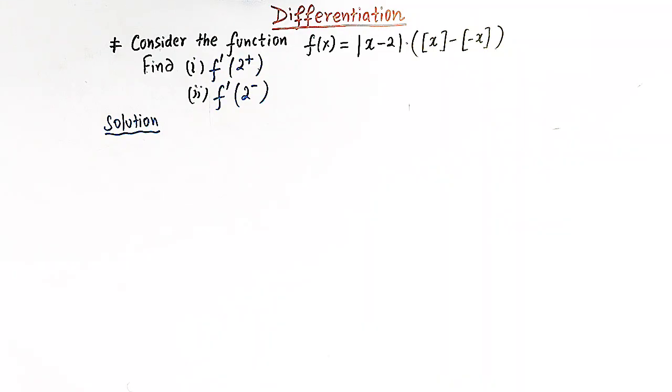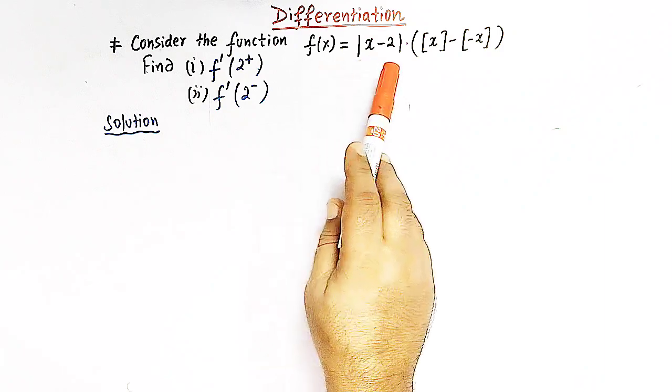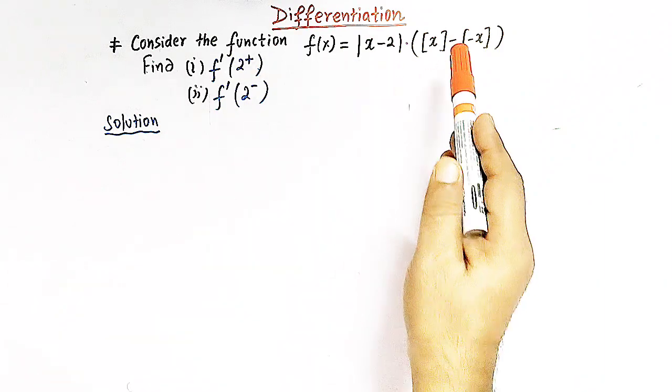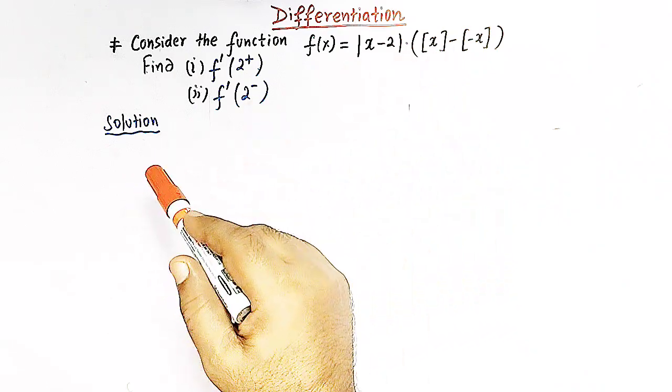Hello viewers, in today's session we are going to discuss another important conceptual problem from differentiation, right? So in this session we are going to discuss this problem in which we are given a function f of x, which is a combination of absolute value function and the greatest integer function, right?